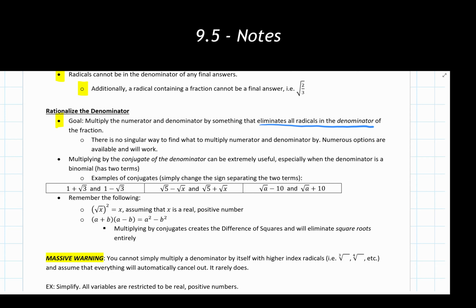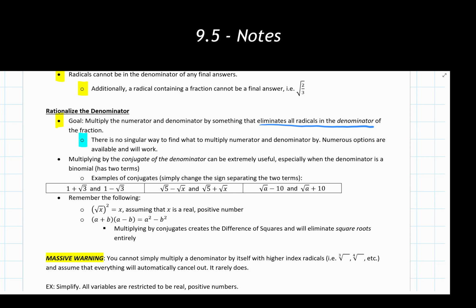Now it should be noted, there's not really a single way to make this happen. There are a few scenarios that we are going to go through specifically with square roots that have some straightforward routes of getting to the answer. But if you are working with a higher indexed radical, such as the cube root, the 5th root, the 7th root, the 10th root, then unfortunately there is no clear-cut process that will always work.